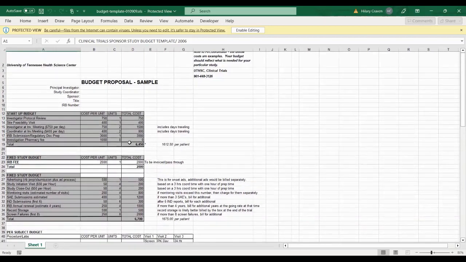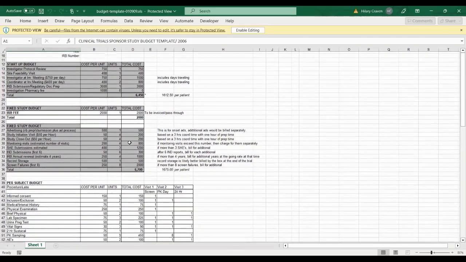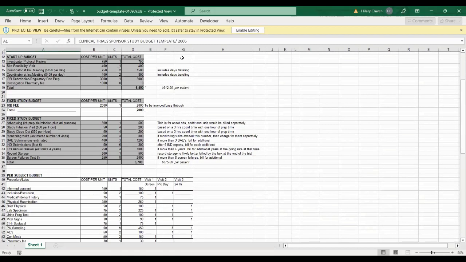You can go for it, Hillary, but you're muted. There's usually a pass-through cost, so if anything else comes up, they just bill and say, oh, pass-through cost, that's this.